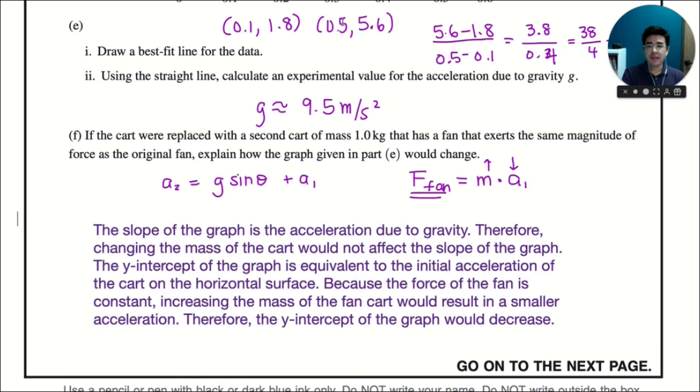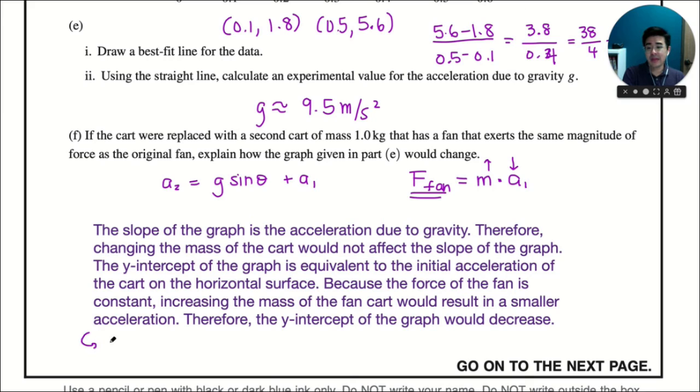The slope of the graph is the acceleration due to gravity. Therefore, changing the mass of the cart would not affect the slope of the graph. The y-intercept of the graph is equivalent to the initial acceleration of the cart on the horizontal surface. Because the force of the fan is constant, increasing the mass of the fan cart would result in a smaller acceleration.